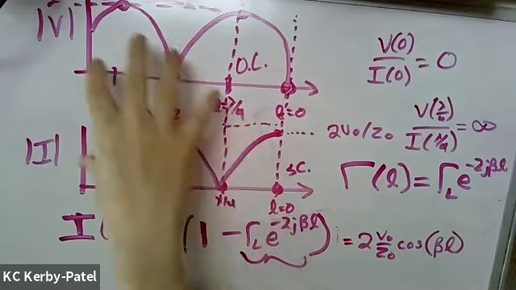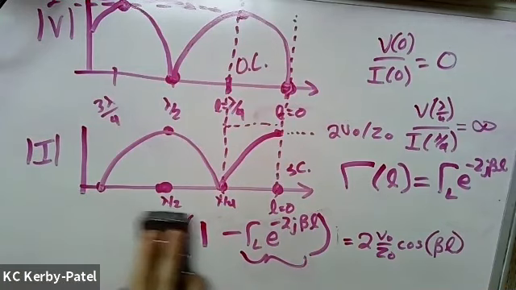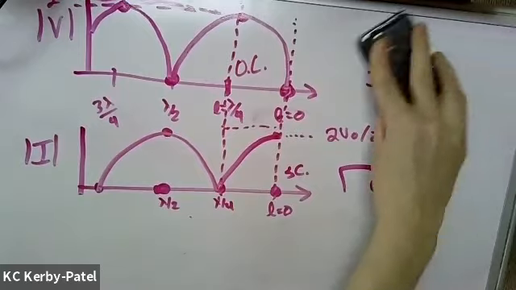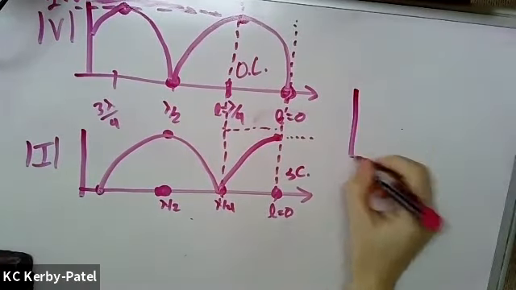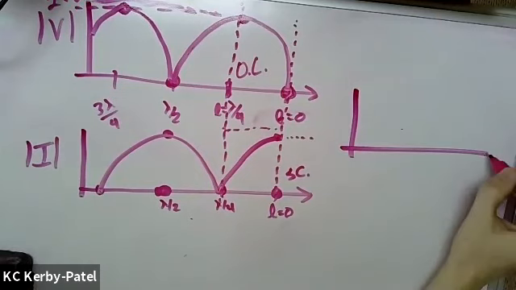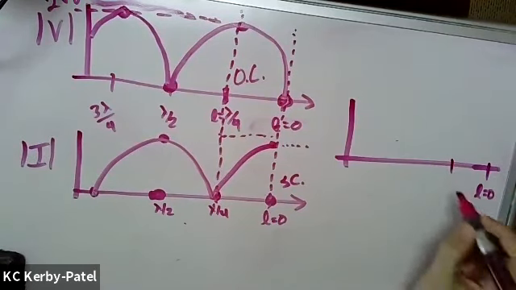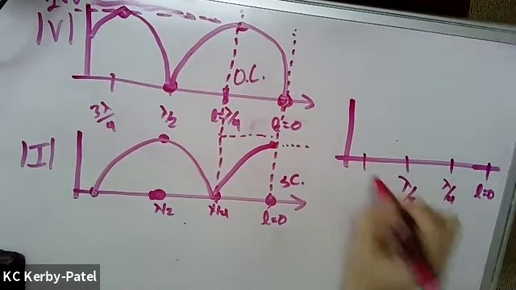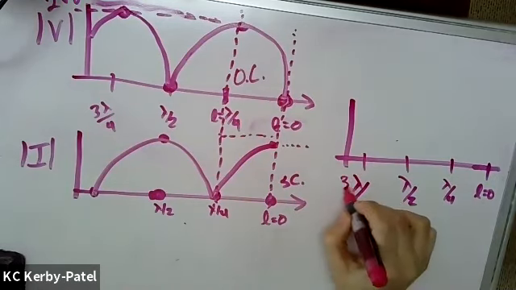All right, so let's put this whole plot back into the context of input impedance. I'm going to draw a plot of input impedance for the same thing. So L equals 0. I got to compress it a little bit. Lambda over 4, lambda over 2, 3 lambda over 4.